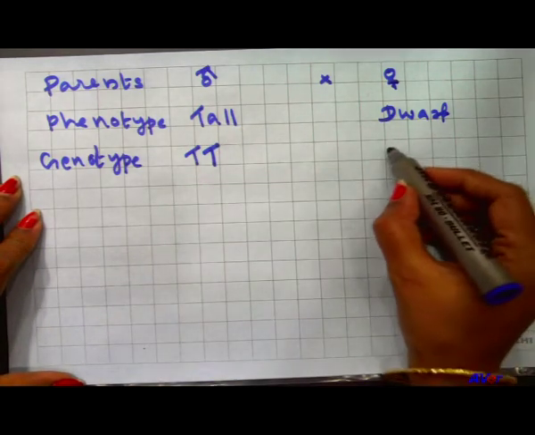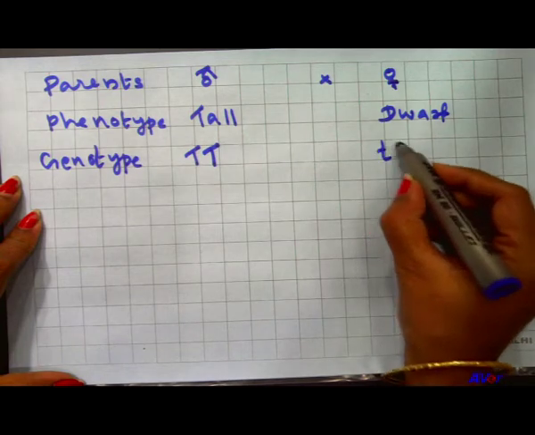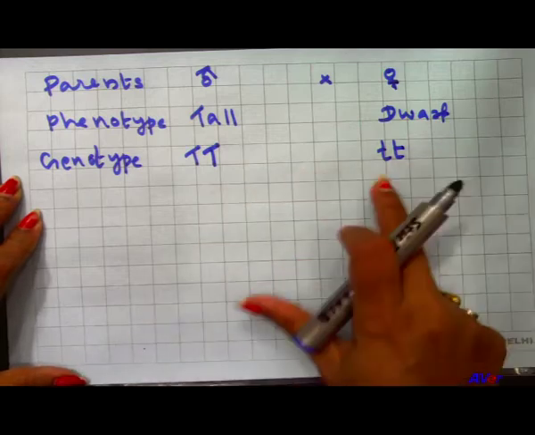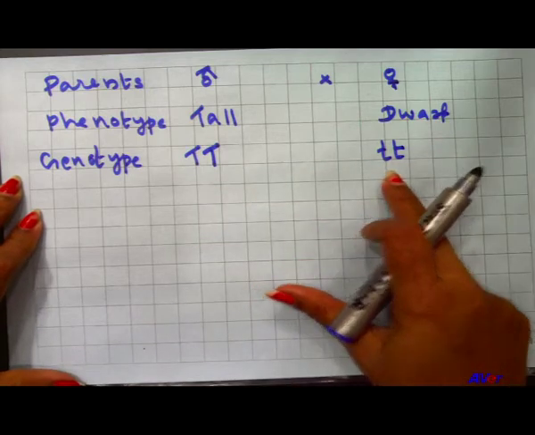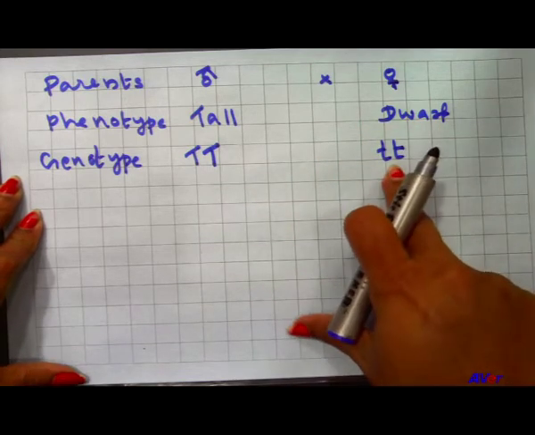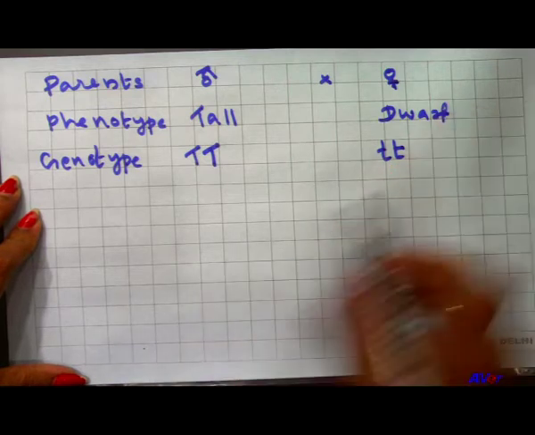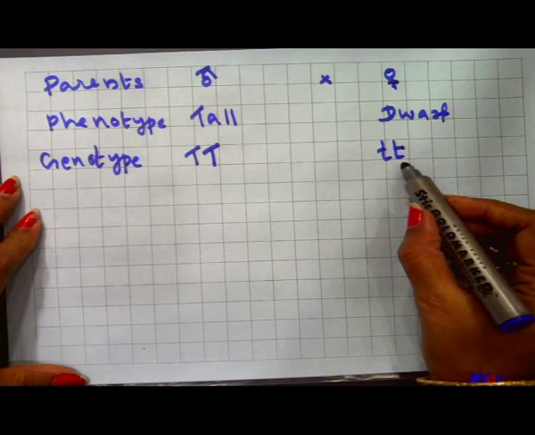Now, accordingly here we have to use small t. The recessive character is represented by small letter, and again we will write 2 small t's because a character is controlled by a pair of factors or genes.